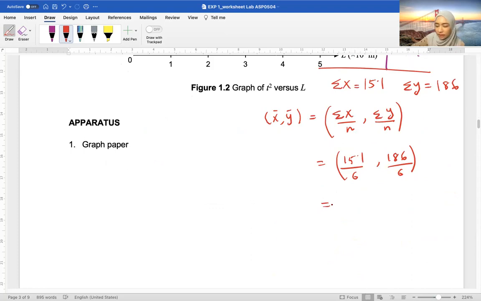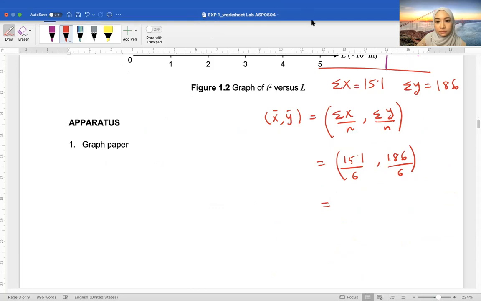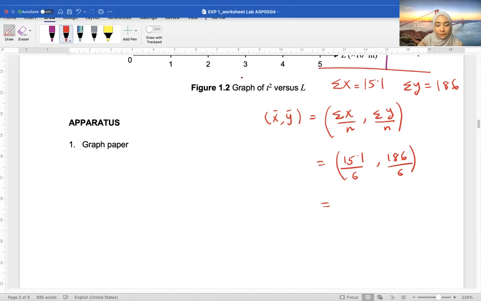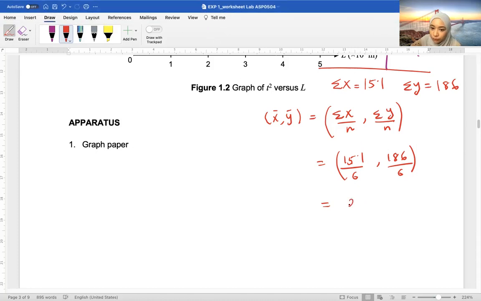Jadi kita akan tengok dia tengah-tengah ke tak? Sepatutnya tengah-tengah lah. Sepatutnya. Okay, so what's the answer for this? 15.1 over 6. 2.52, comma 31.